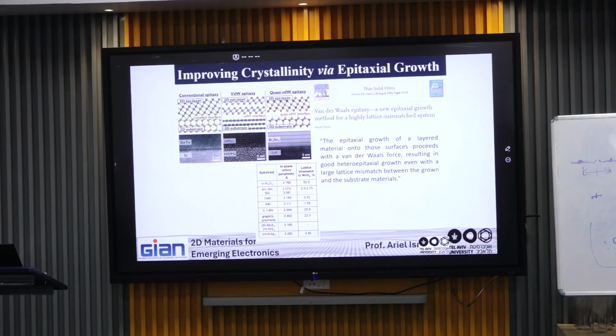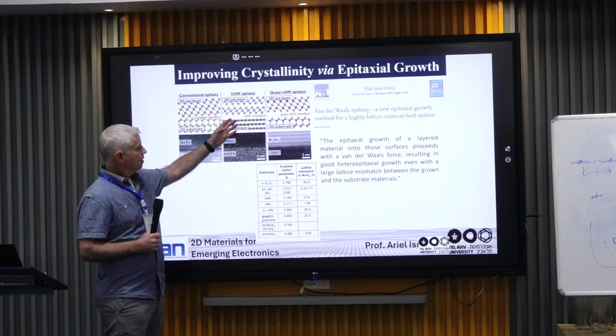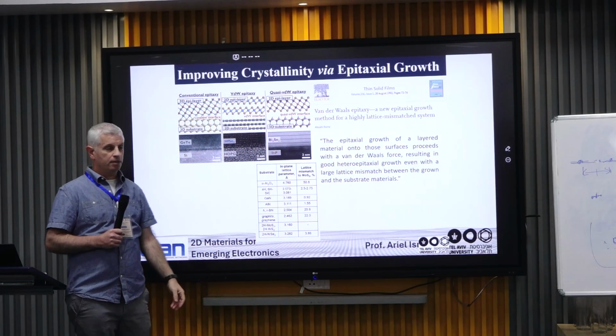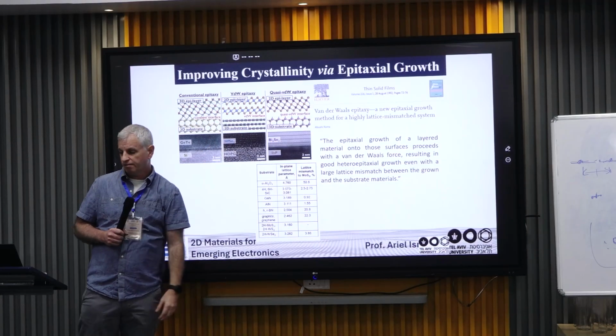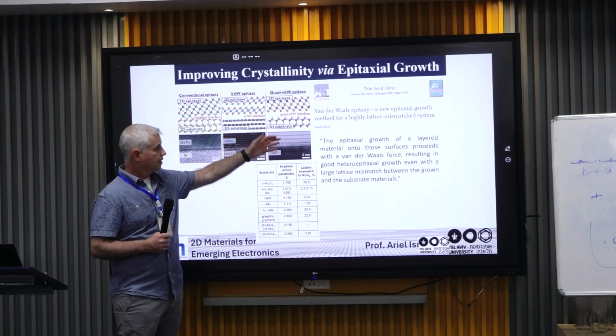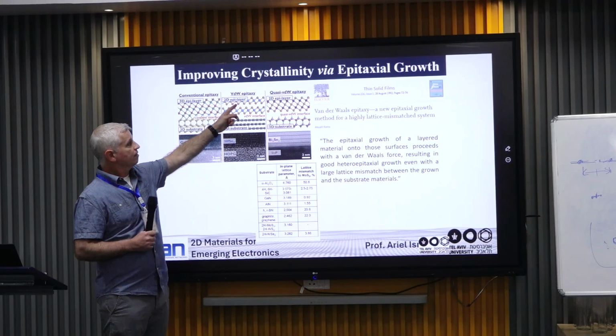But when we talk about van der Waals crystals, van der Waals materials, as you see here schematically, we don't have that bonding. We have a van der Waals interface, right? We have a weak bonding between the 2D and the 2D, and then it will be van der Waals epitaxy.